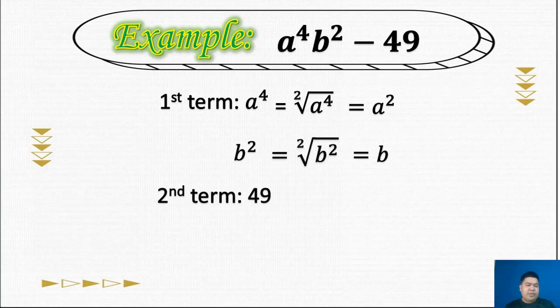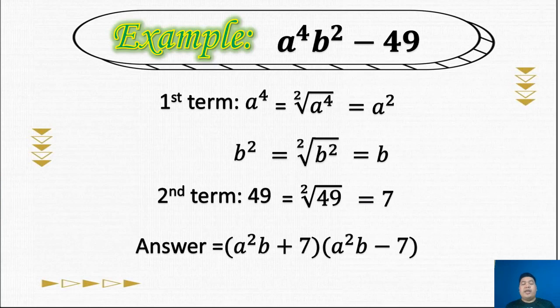For the second term, we have 49. The square root of 49 is equal to 7. Our first term is a squared b. Then our second term is 7. Now put the addition and subtraction sign. So our final answer here is a squared b plus 7 and a squared b minus 7.